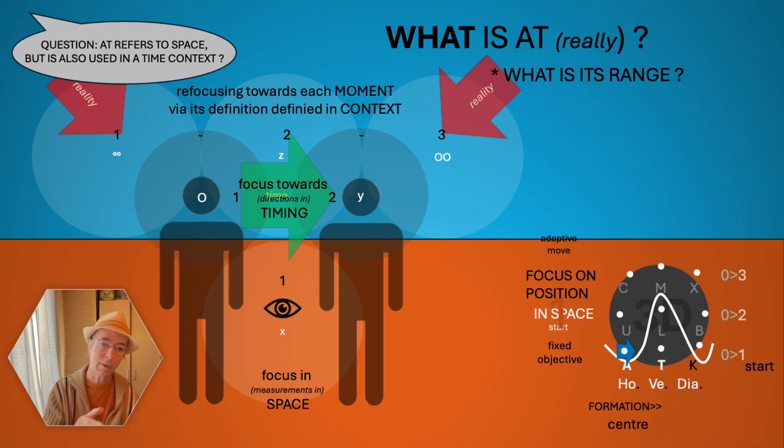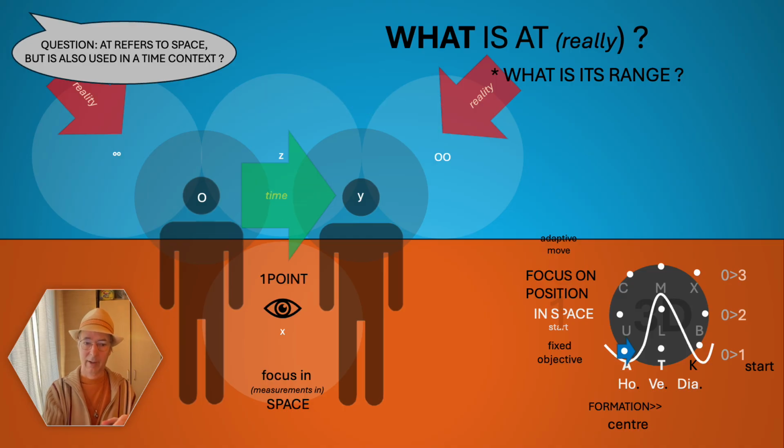So you have a timing that starts somewhere and goes somewhere else, so you need two focuses. Or you refocus everything into the 1, 2, 3 option, so that you find the moment that matters at that point via a definition which is defined via context. That's okay. Now it sounds abstract, but we don't need that one now.